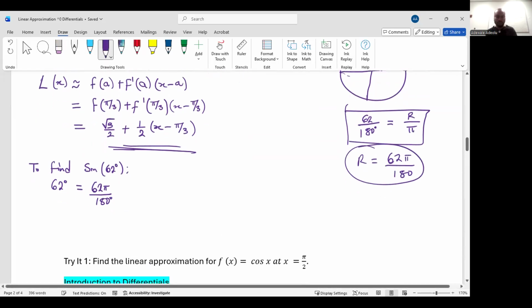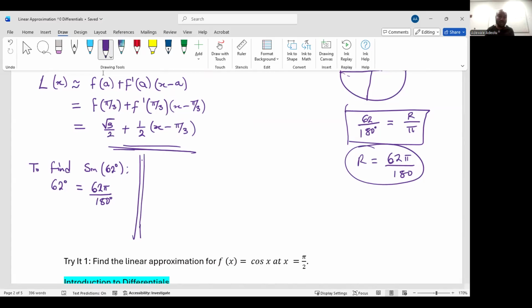Now that I know the value in radian, I can use my linear function to find sine of 62 degrees. So meaning L of 62 pi over 180 equals root 3 over 2 plus 1 over 2 times our x, now 62 pi over 180 minus pi over 3.